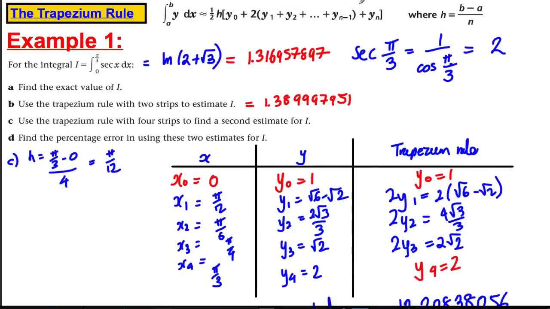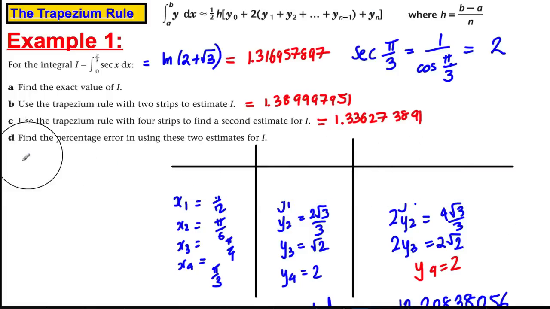So going up here, you get as an estimate which is closer to the real thing, 1.336273891. Okay, so 4 strips gave me a better answer.